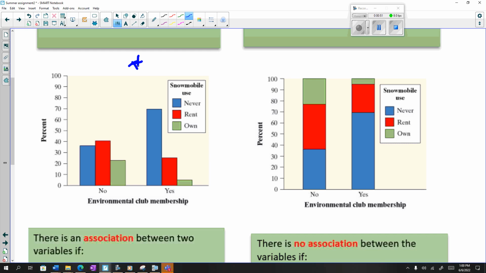So you see you have yes and no for were they a member of the environmental club on the x-axis, and then you have the breakdown within those groups, the percent breakdown of never, rent, and own. So that's one way to do it, and then you can compare the bars of never to each other, and then etc. The red ones, rent, and own.